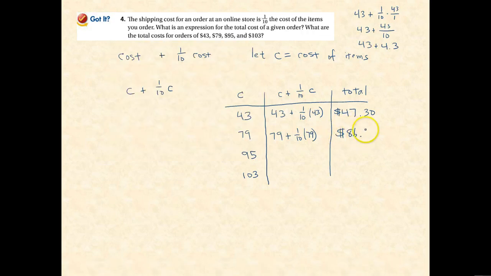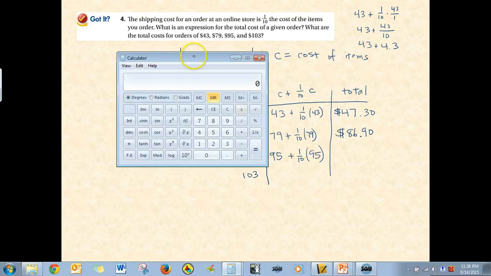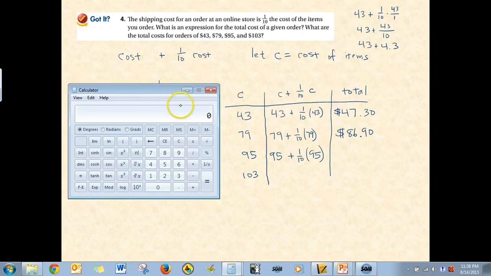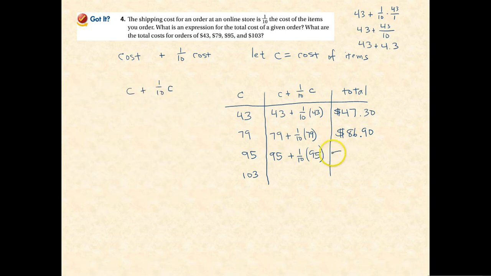So $86.90. For 95, it's 95 plus 1/10 of 95. 1/10 of 95 is going to be 9.5. So 95 plus 9.5 is $104.50.